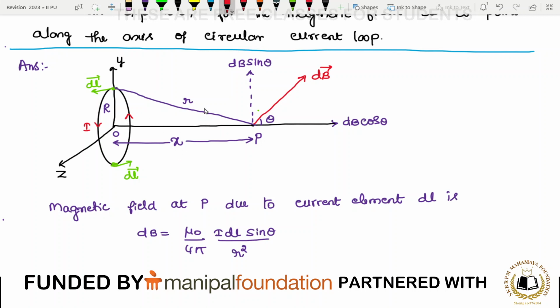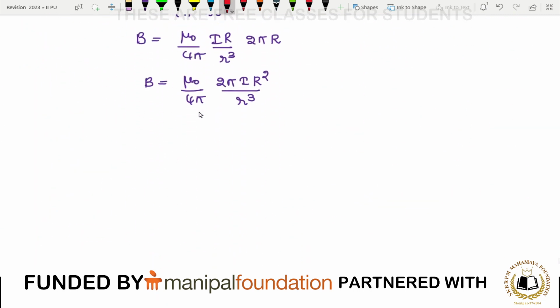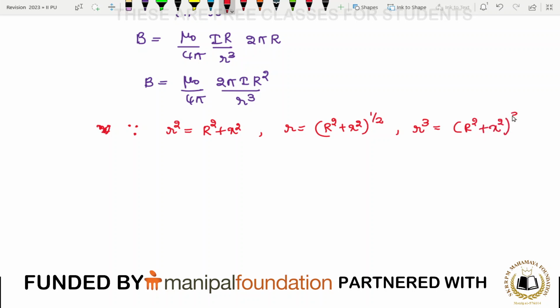So I'll write here, since small r square equals R square plus x square, that means r equals R square plus x square to the power half. That means r cube will become what then? R square plus x square to the power 3 by 2.